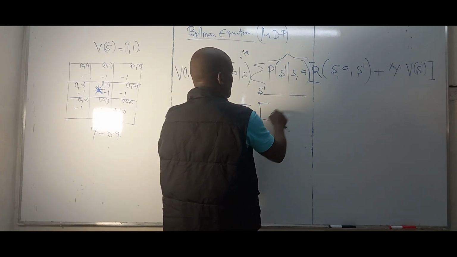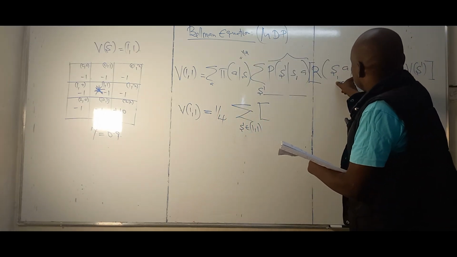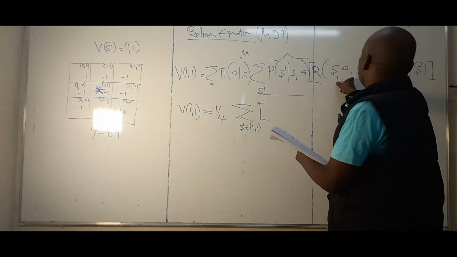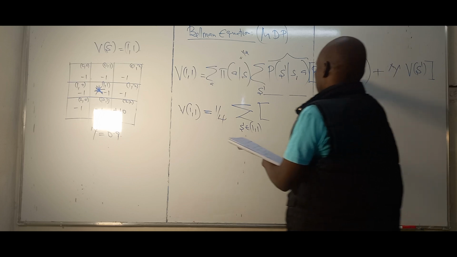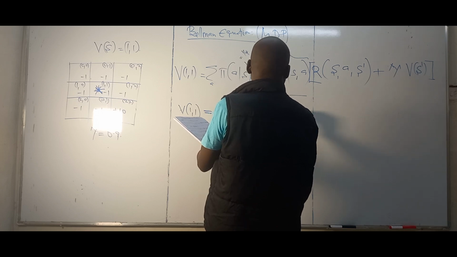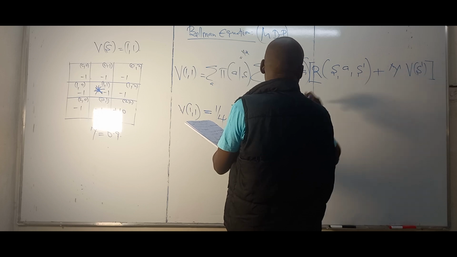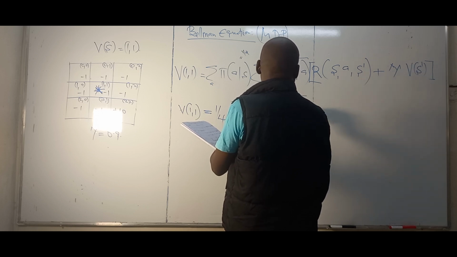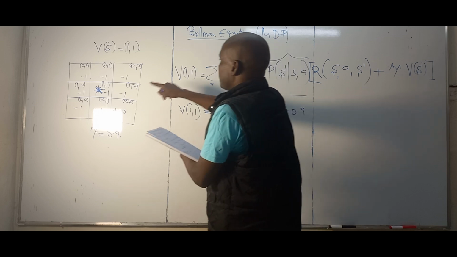Then we'll be looking at this, and we know that the reward at any point which is not 0.22 attracts a penalty. So here first what we'll be having is -1, which is the penalty, plus gamma, which is actually 0.9. We are given it's the discounting factor.